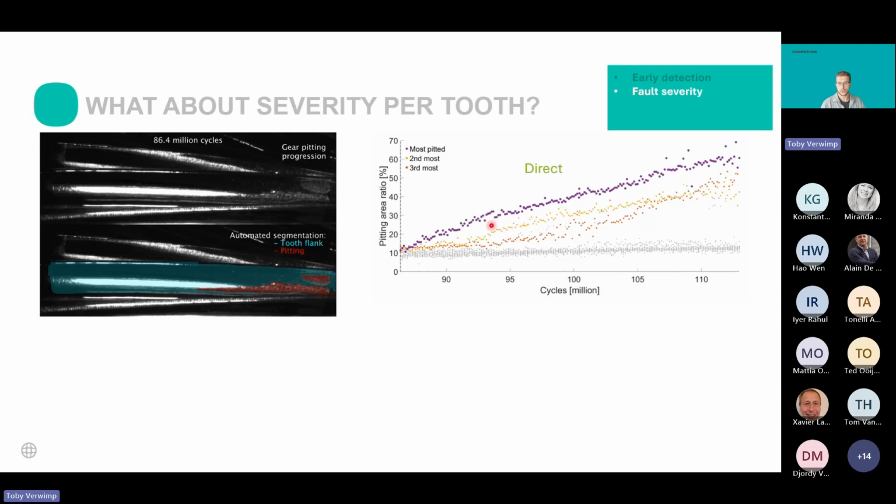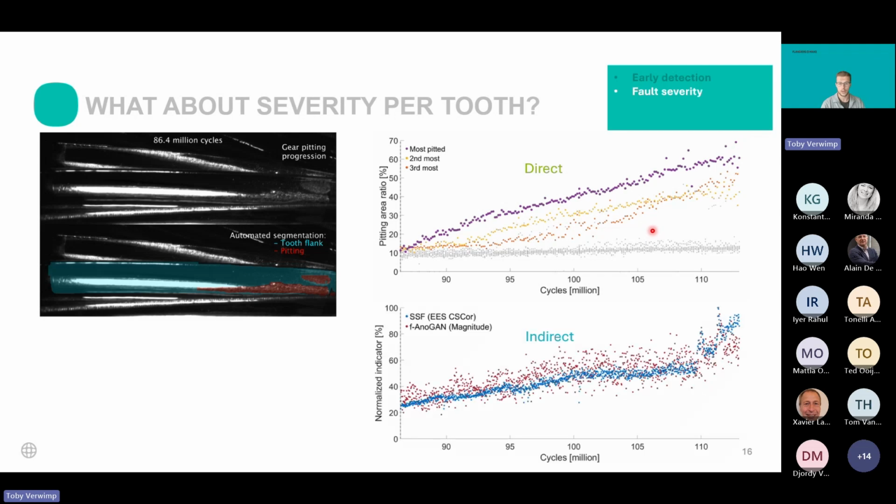This figure shows for each of the 13 teeth on this gear the evolution of the fault area. And here we see that 3 of the teeth are mostly pitted, more pitted compared to the 10 other ones. So this allows us, using this vision system, to get this information out of our system.